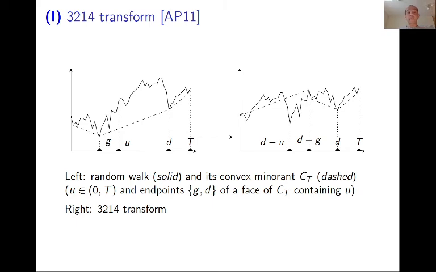And Pitman and Uribe-Bravo's approach to the proof of SBRT for Lévy processes that are diffuse really consists of controlling these excursions away from the face. You look at the sequence of random walks converging, and then you need to control the excursions away from the face of the convex minorant, converging to the excursion away from the face of the Lévy process.